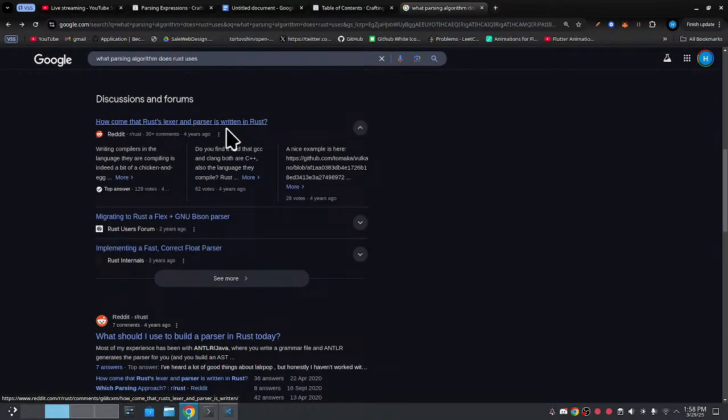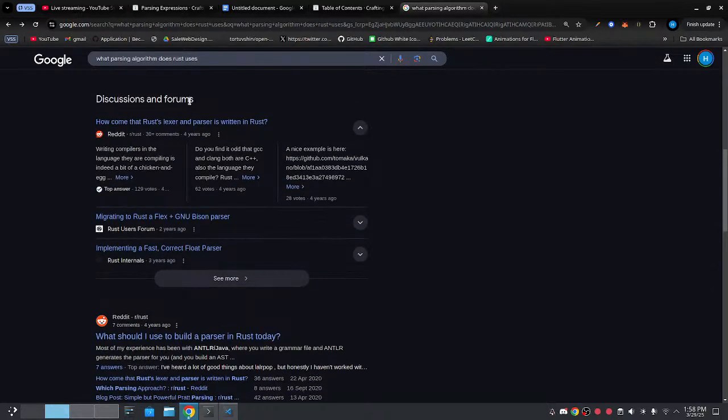Okay, for this question I think I do know. The first version of Rust was written in OCaml. And then what they did is the bootstrapping of the compiler.